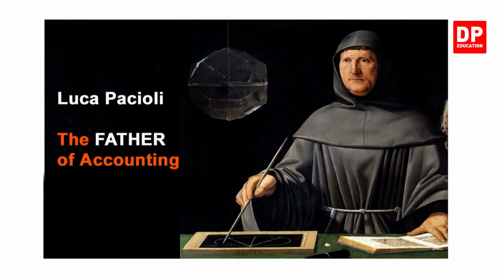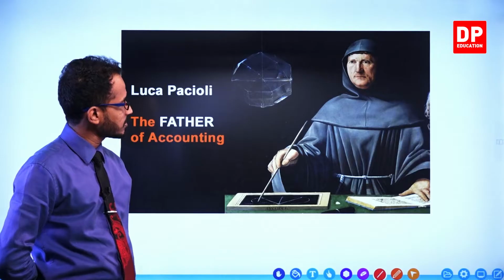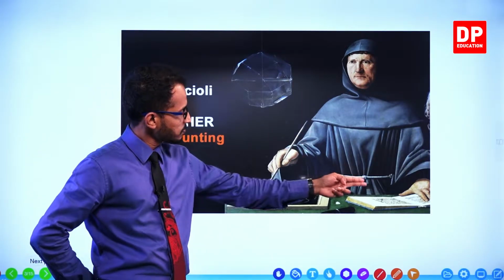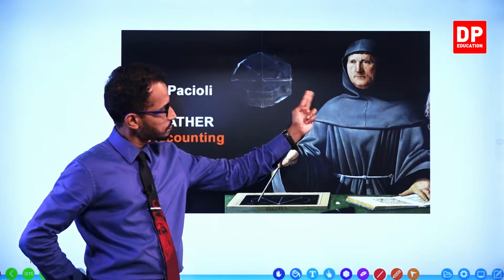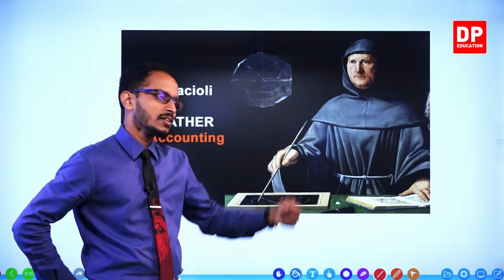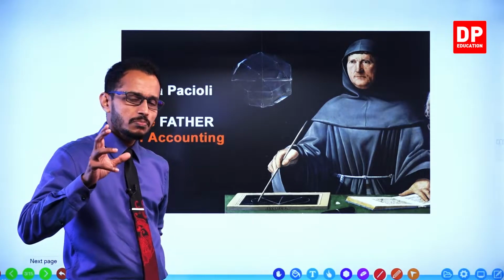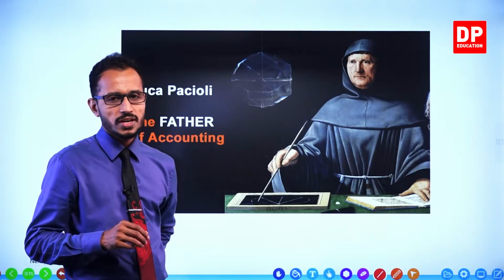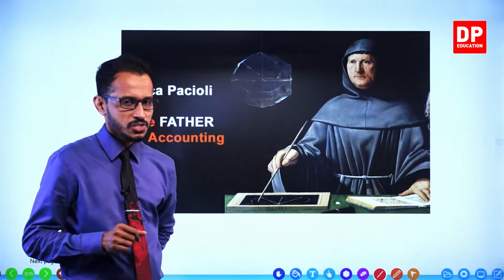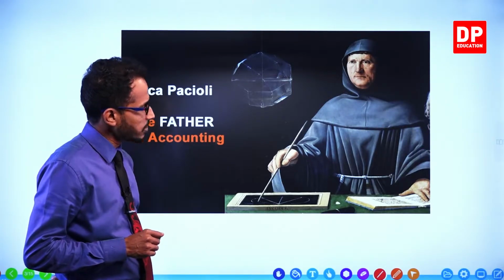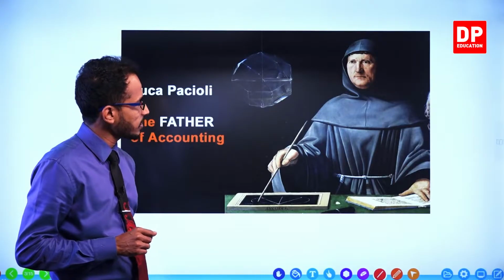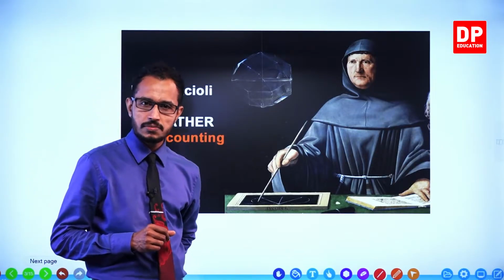Moving on, you have a figure, a character on the screen. This character looks like an old father of a church, right? Children, who is this person? I'm giving you a very brief introduction to accounting to start the lesson. Children, this is Father Luca Pacioli.